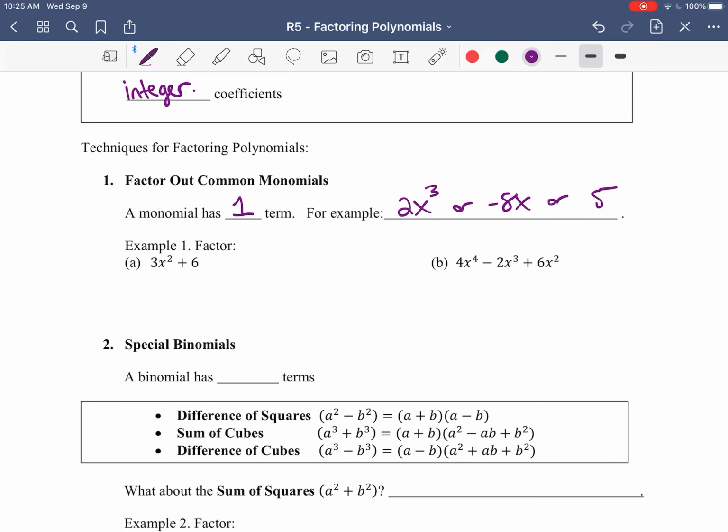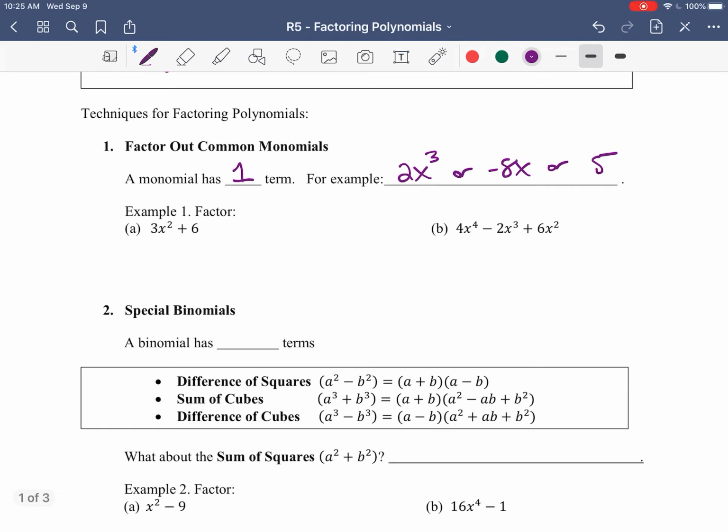If we look at part A in this example, if we want to factor out a monomial, what we want to do is look for what these two terms have in common. I notice that there's no x's in the second term, so I cannot factor out an x, but there is a common 3. So we could take out the 3, and then we'd have left over from the first term x squared, and then the leftover from the second term is going to be a 2.